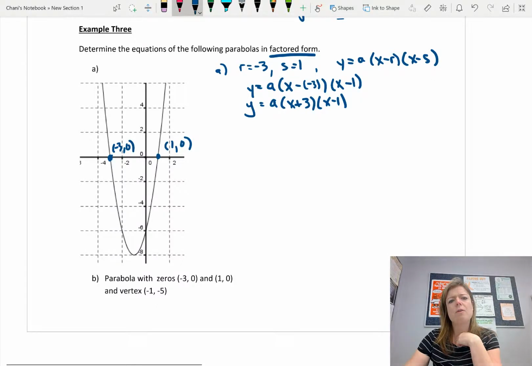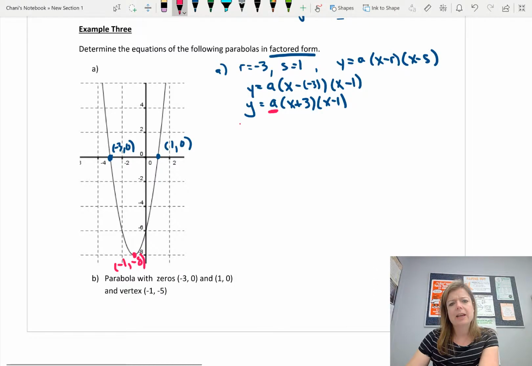So now we need to sub in a point so that we can solve for a. So you can sub in any other point that you know for sure is on the parabola. I subbed in the point -1, -8, which is the vertex, but you could have also subbed in this y-intercept. In fact, any point on the parabola is fair game as long as it's not one of the x-intercepts. Any other coordinate is fine.